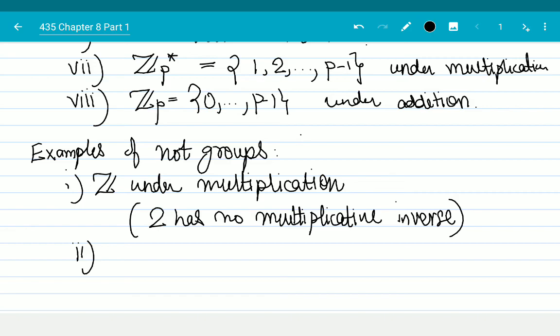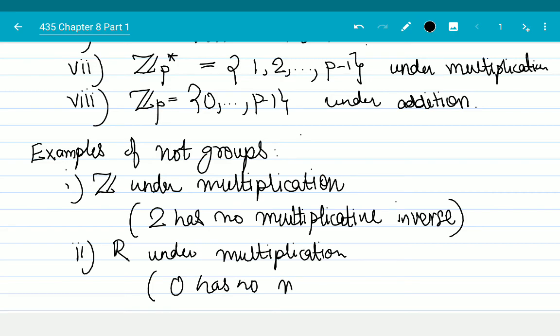Second, R under multiplication. So this time, for example, 0 has no multiplicative inverse.